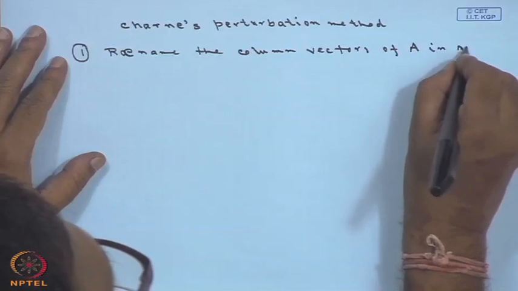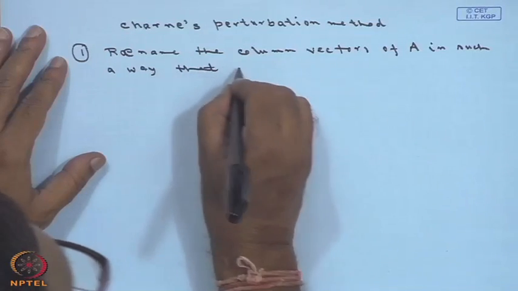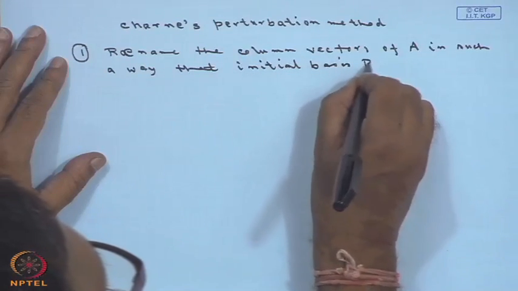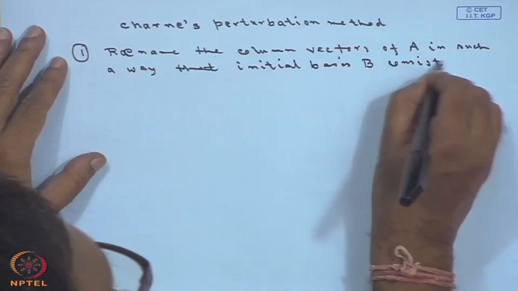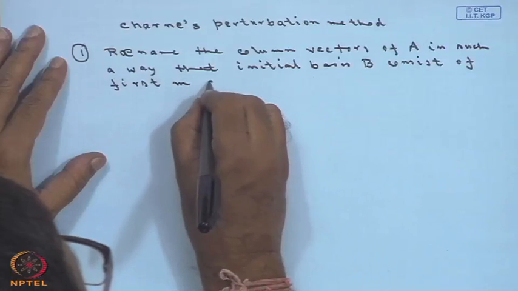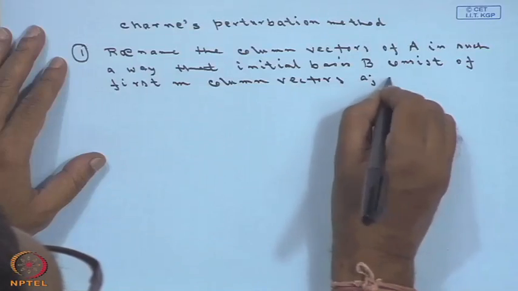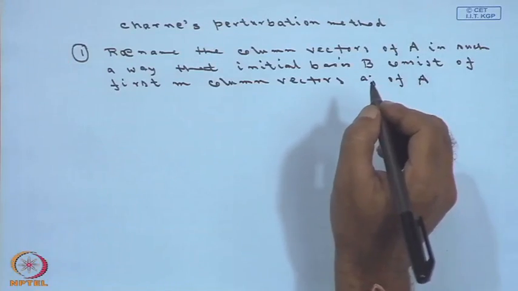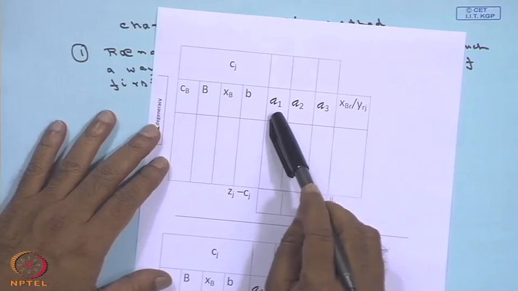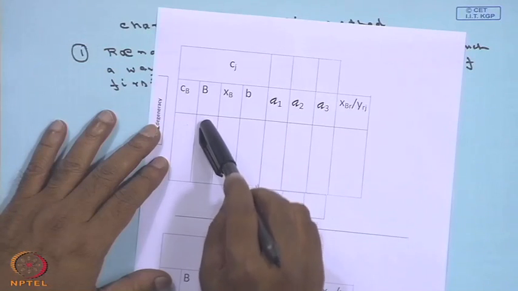I am just writing in such a way that the initial basis B consists of the first m column vectors A_j of A. Or in other sense, if you take this table, suppose in this table there is a tie in the first two rows, then you change this A1, A2, A3, that is A1 will be equal to the new value, the old value of whatever basis is there.